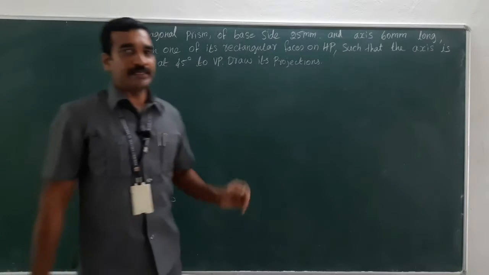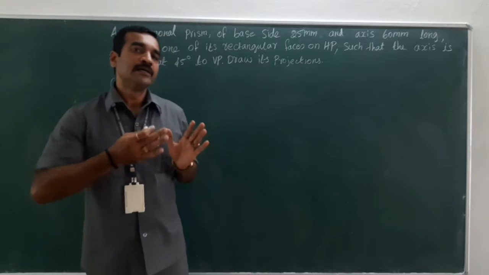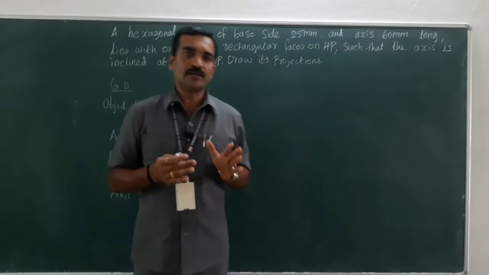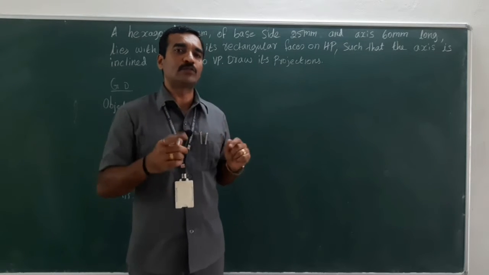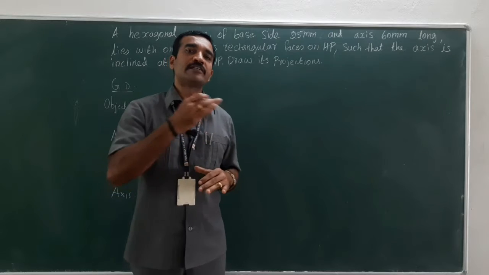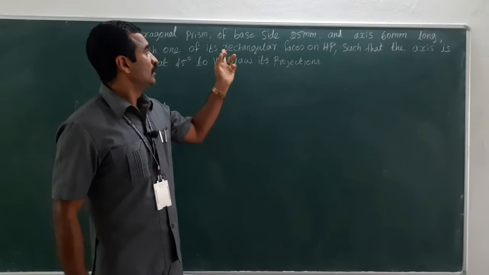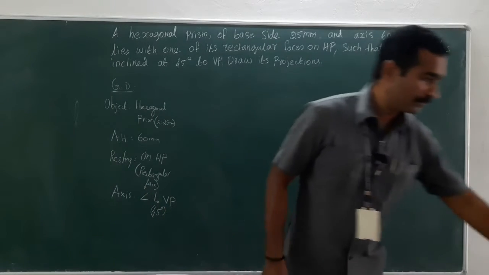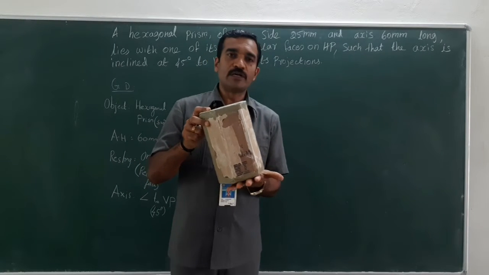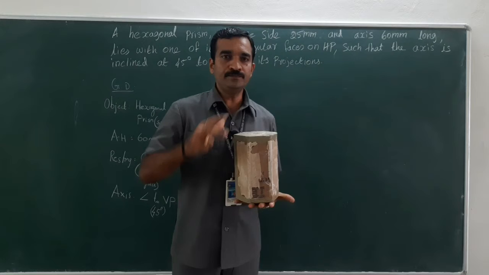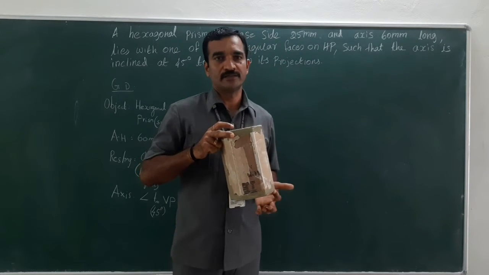So, this question is somewhat different from the previous questions, where it used to specify that the object is resting with one of its corners or one of its edges. But it is slightly different from the previous problems. Look at its rectangular faces. If the object is resting in this manner, with one of the bases on HP, with a corner on the right hand side, then it is resting on a corner.